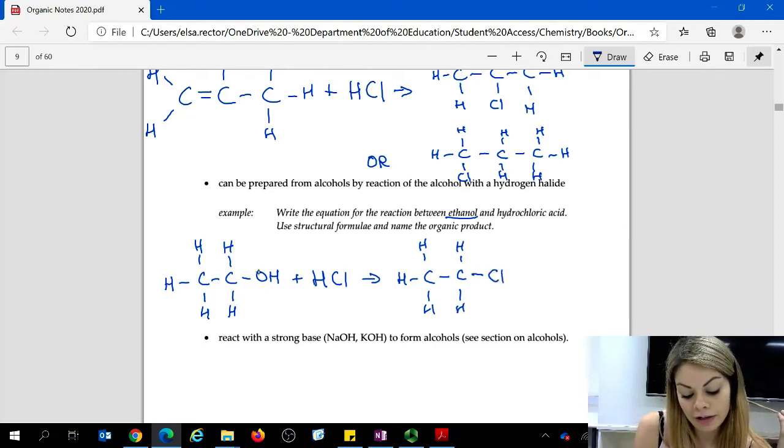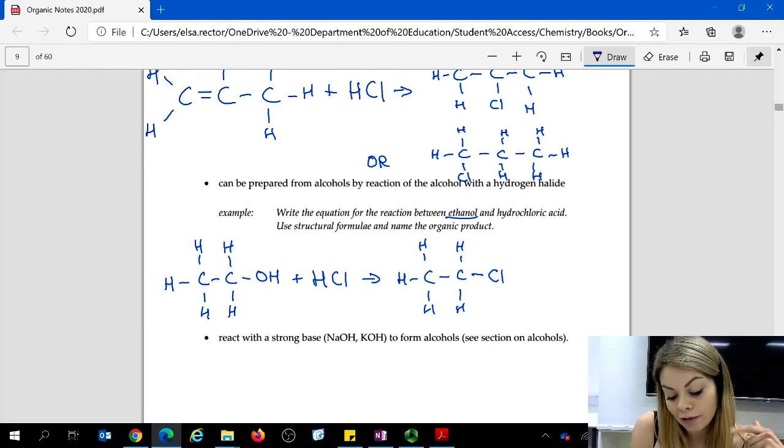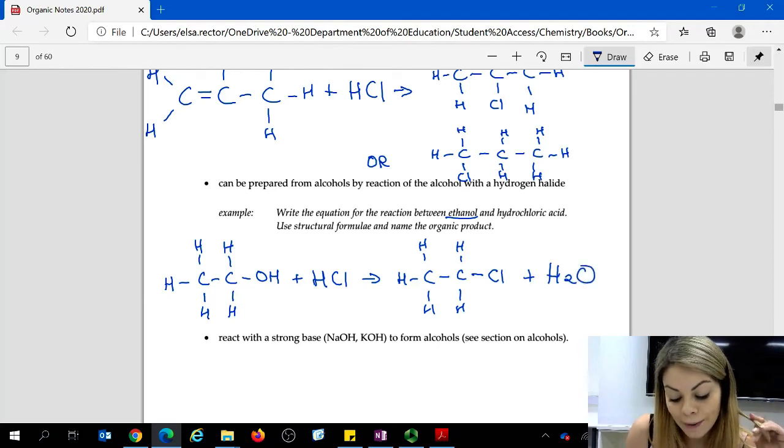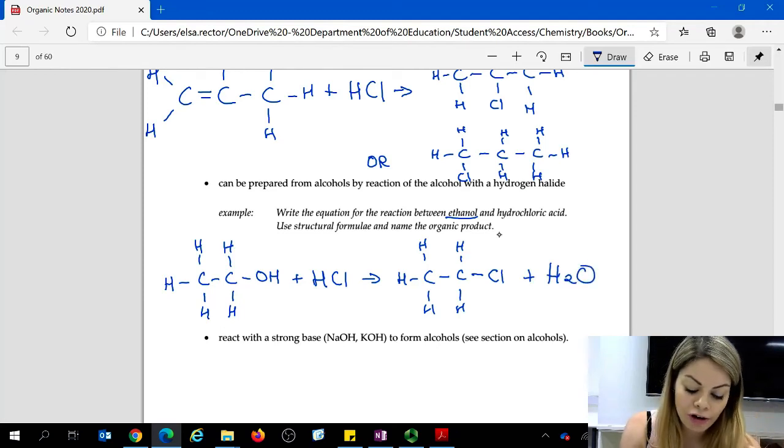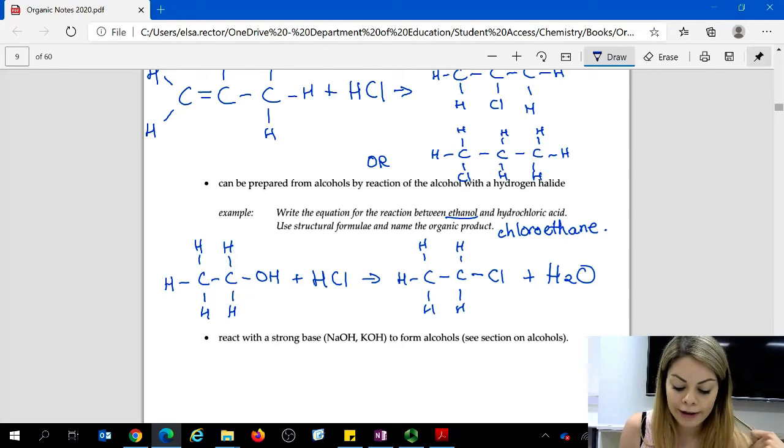So now we have this OH here and this hydrogen here, which of course, what do you get when you've got two hydrogens and an oxygen? Water. It says to name the organic product, that is chloroethane. No numbers required because there's no such thing as 2-chloroethane.